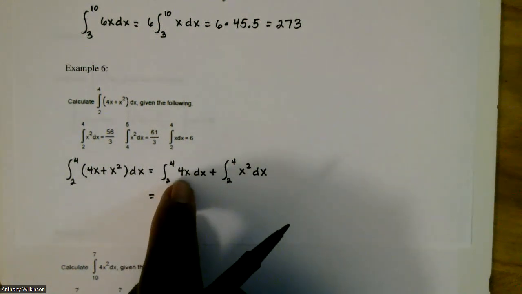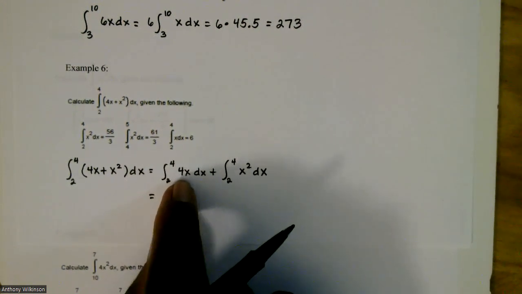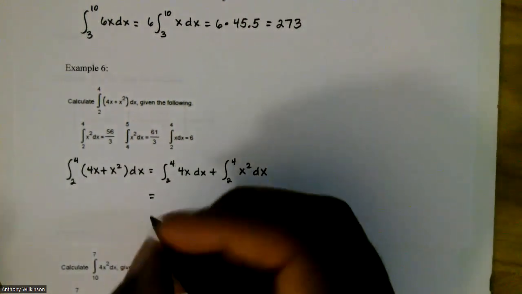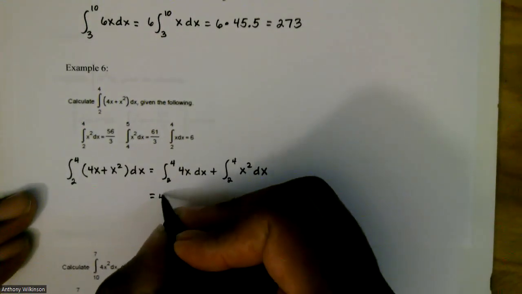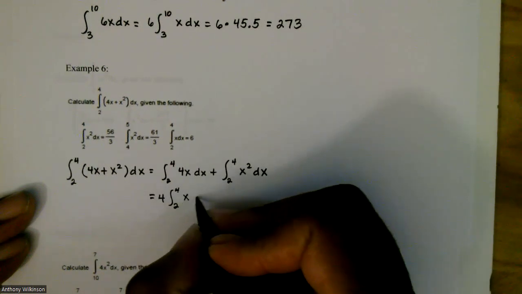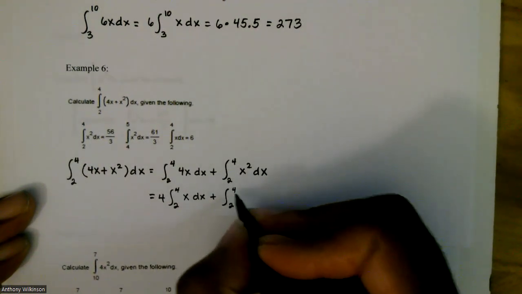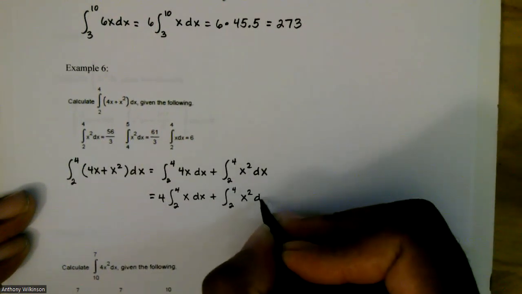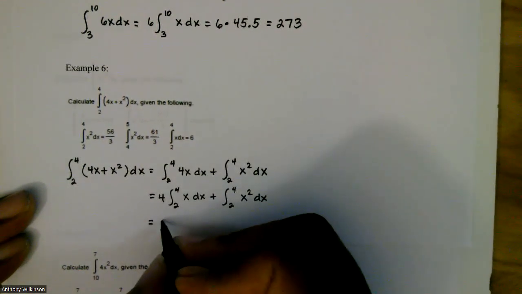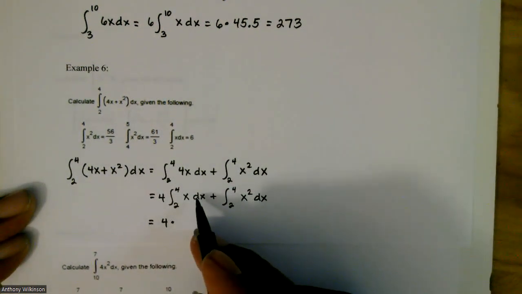Now for this one, I'm going to use property number 3, where I can pull the constant out in front of the integral sign. So I can pull the 4 out in front of the integral from 2 to 4 of just x dx. And then plus the integral from 2 to 4 of x squared dx. I'm just bringing this down. Now, I'm going to have 4 times the integral from 2 to 4 of x dx.